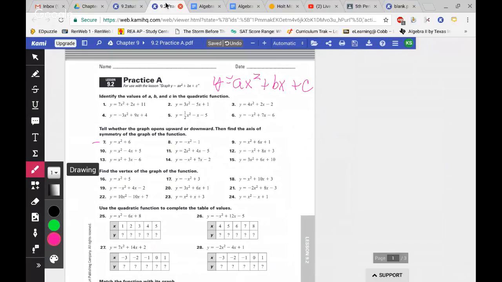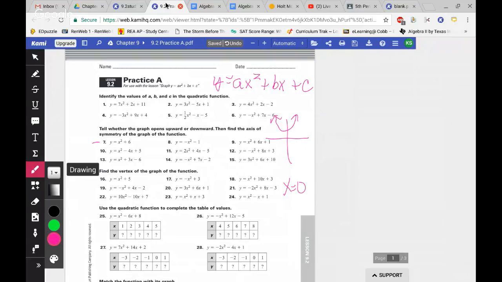Now, the axis of symmetry for both 7 and 8, those are exactly like the ones that we did on Monday. So in that case, really all the difference is on like x squared plus 6, it's the parent graph, but it's shifted up by 6 units. So the axis of symmetry is the y-axis. So the axis of symmetry is x equals 0 for number 7.